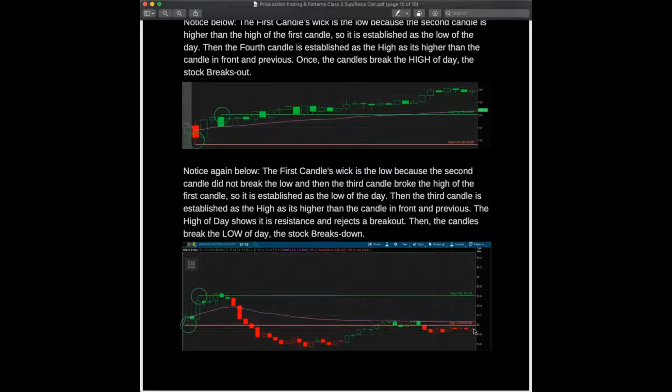Okay. So these levels are important, guys. These levels are important. And I will go into the charts right now. I'll show you why they are important.